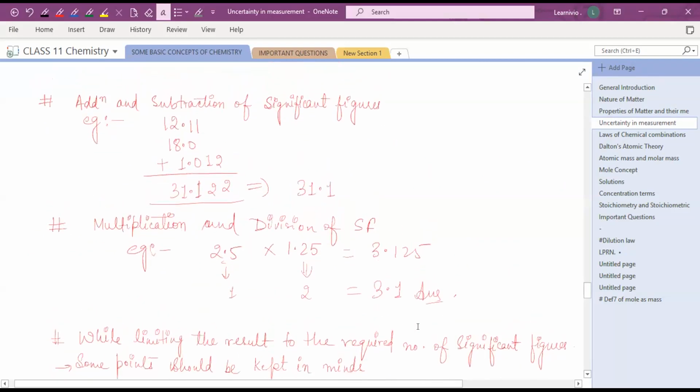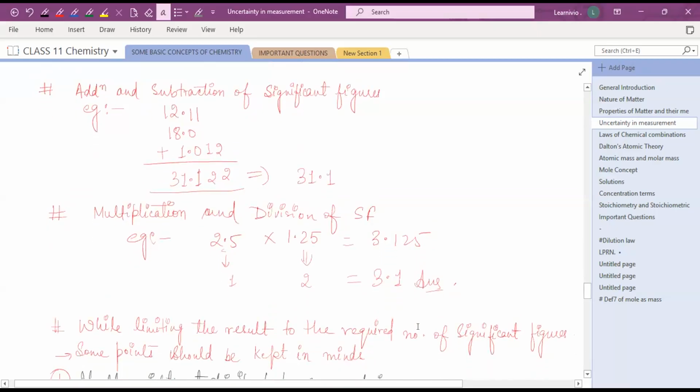Now see how to add and subtract significant figures. If you want to add and subtract significant figures, first simply add the numbers the way you normally add. Then remember, looking at this 18.0, it has only one digit after the decimal.